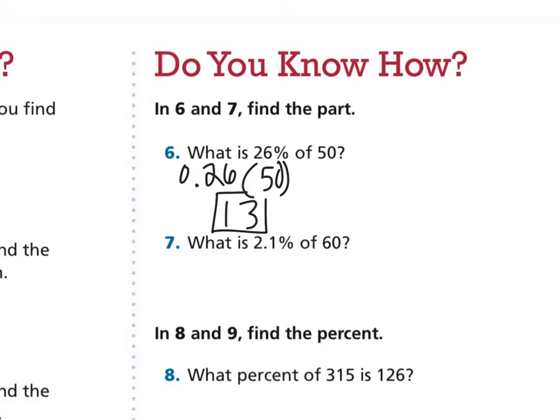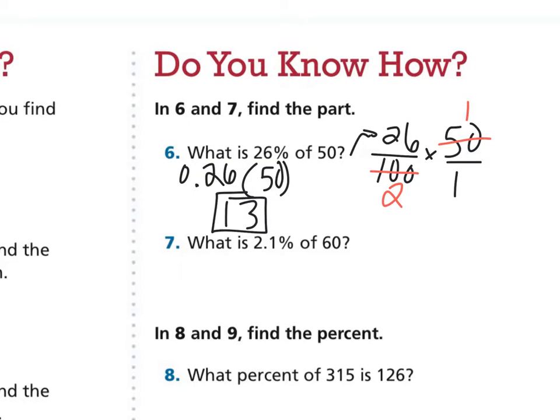If you were just doing this one by hand, it wouldn't be too bad actually in this case. 26% is 26 over 100, and that would be times 50 over 1. Since we're multiplying, the 100 and the 50 could both be reduced by a factor of 50. Would reduce them down to 1 and 2, and then that'd be 26 over 2, so half of 26 is 13. So really not too bad of a deal, that one, even working out by hand.